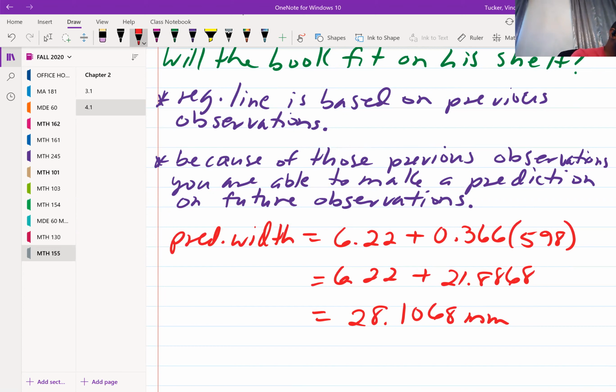So before we actually answer the question, any questions on what we've done up to this point? All right, so the predicted width for the book is 28 millimeters.